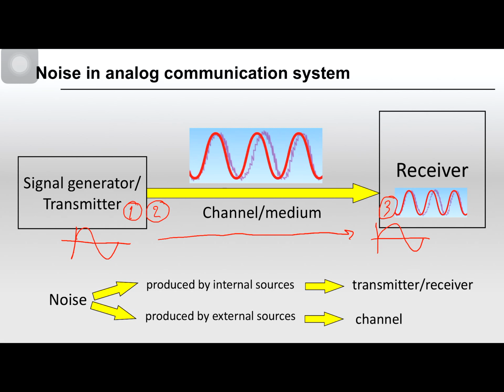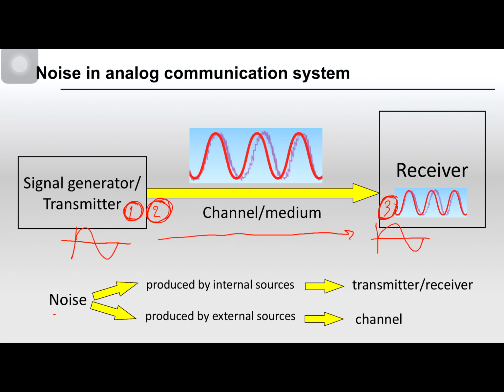Okay, in communication system, the noise can be generated at any part of the system. Maybe the noise is generated in this part, maybe it is generated in the channel, or sometimes it may be generated in the receiver.